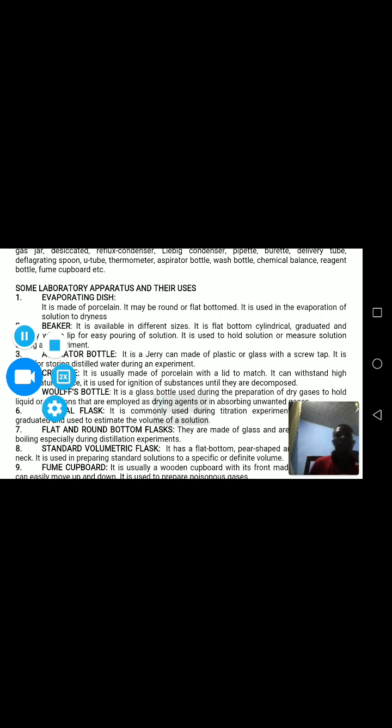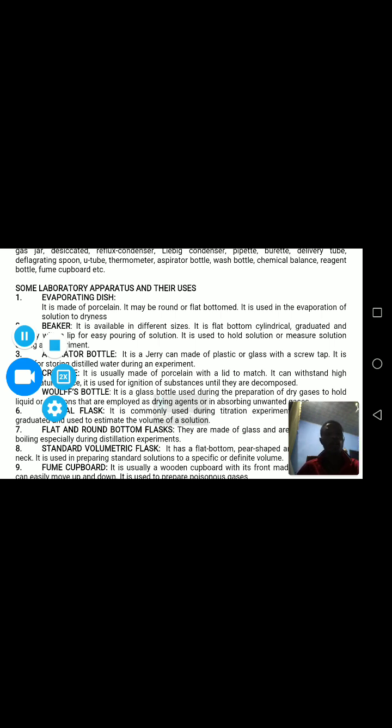So if you want to carry out evaporation in the lab, maybe to evaporate a salt water solution so you can have just the salt alone, then you use an evaporating dish, which can be round bottom or flat bottom. So when you want to evaporate any solution, you use an evaporating dish.